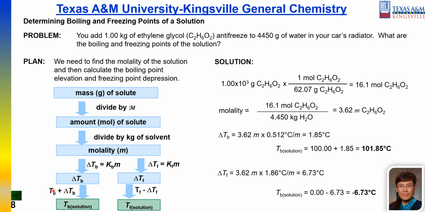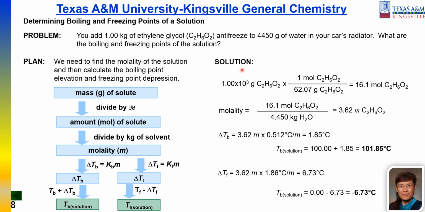The boiling point of your solution equals the pure solvent's boiling point plus the boiling point elevation. On the contrary, your solution has a freezing point that will be decreased. You use the freezing point of your solvent, in this case water, minus the freezing point depression.